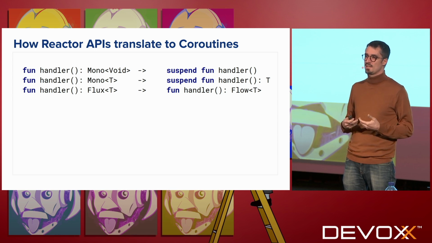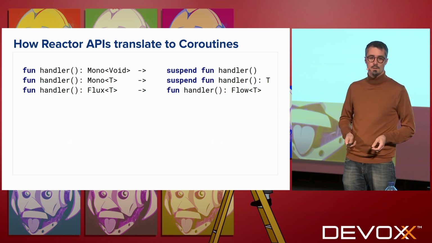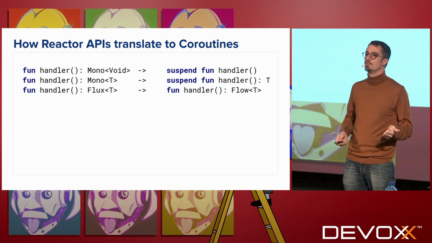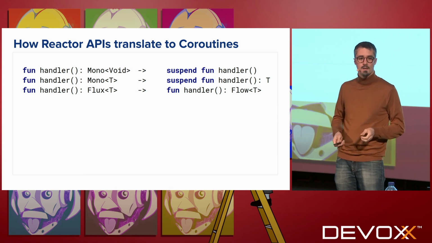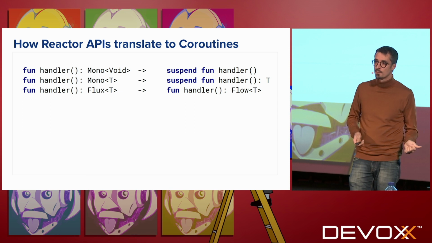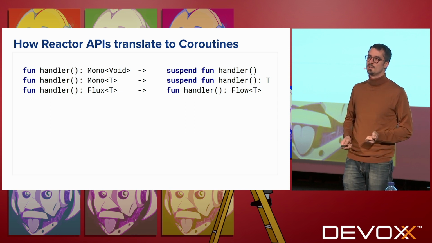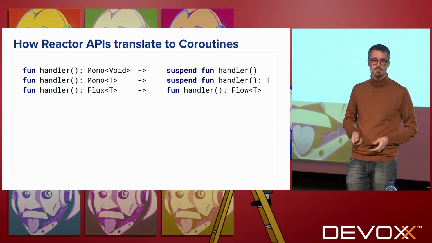Here, I like the fact that you are just dealing with regular types without any kind of wrapper when you are just dealing with a single value or no value. Okay? And when you deal with Flux, the corresponding thing in the coroutines world is Flow, like I have shown previously.